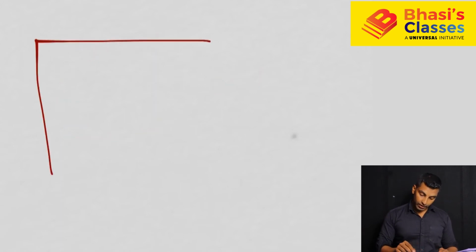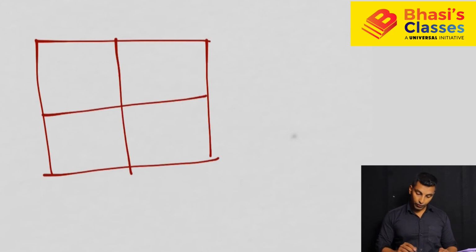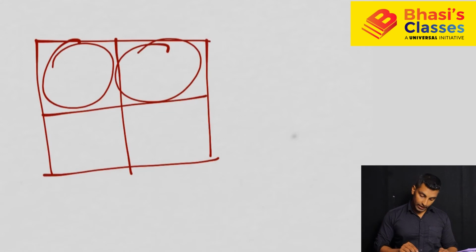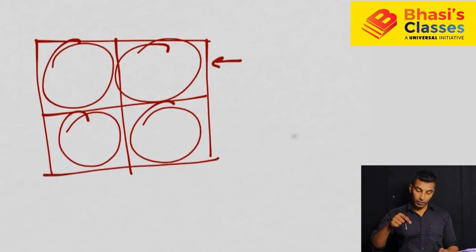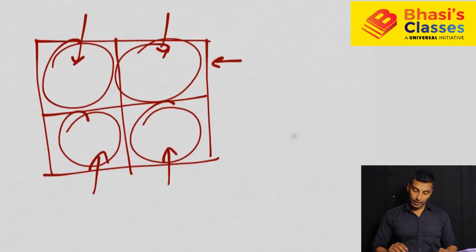What is given here is a square that is divided into 4 and then 4 circles. So here also the ratio will be 4 and pi. If the square total is 4, the total area of the circles will be pi. So the ratio remains the same.